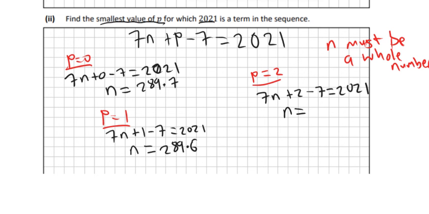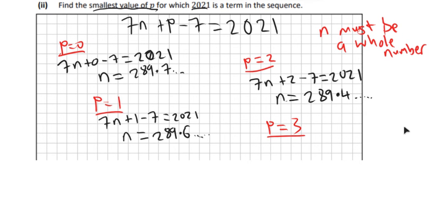And we get n is equal to 289.4. These all keep going on as well. I'm just rounding these off at 1 decimal place, because when they make a decimal at all, we know that they're not right, that it won't give us the smallest value p could be.